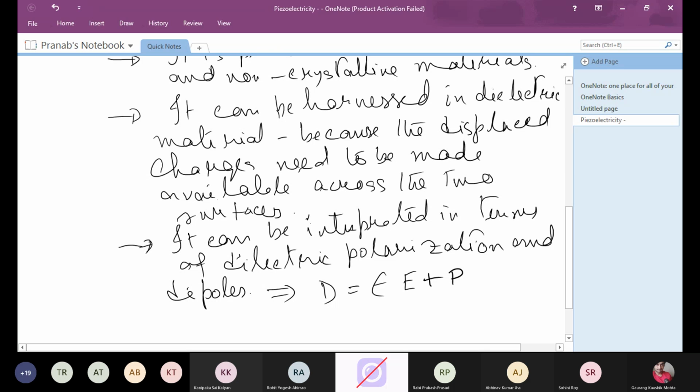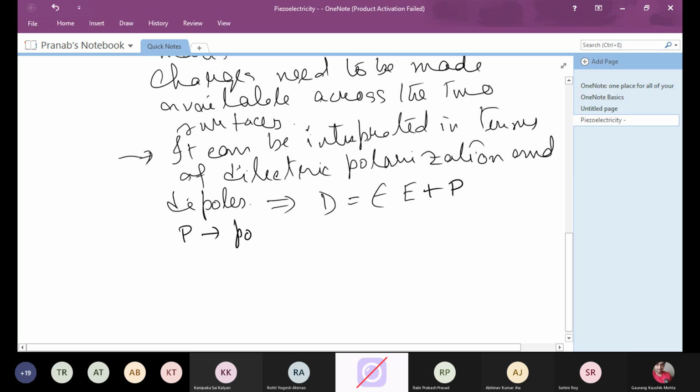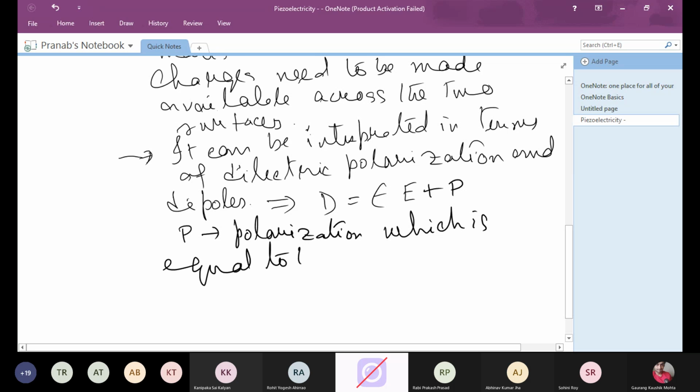P is the electric polarization, which is equal to the charge that is bound in the surface. That's why dielectric property is important, which is equal to the bound charge density.